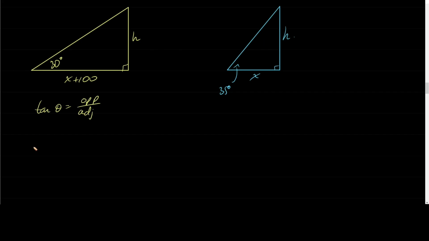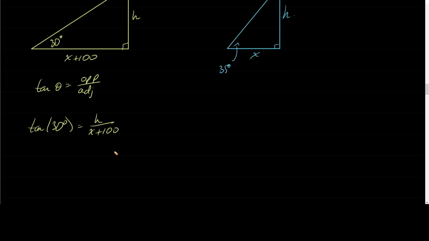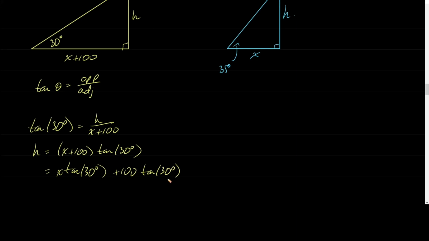So that tells me that tan of 30 degrees is h over x plus 100, which yields that h is equal to x plus 100 times tan of 30 degrees, all right? And I'm just going to write that as x tan 30 plus 100 tan 30.